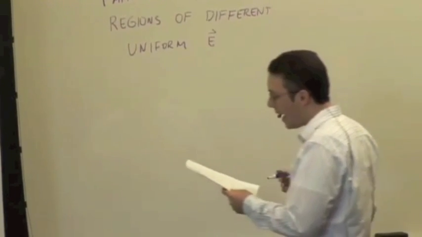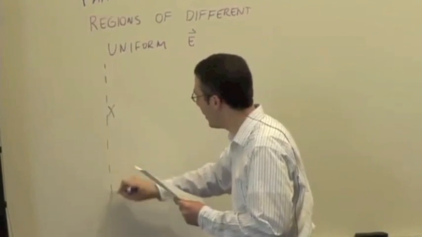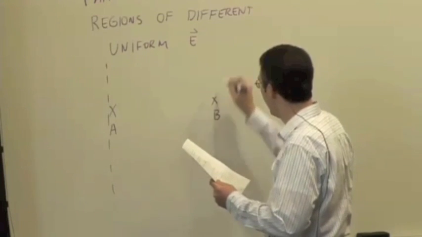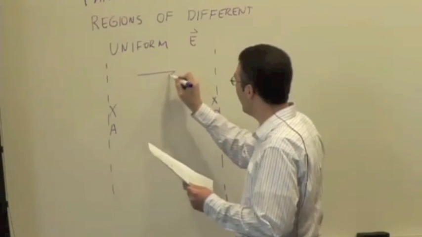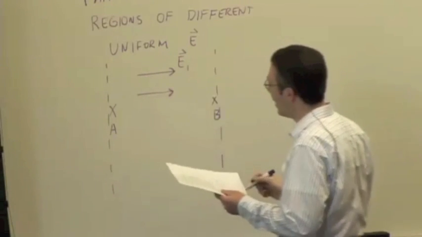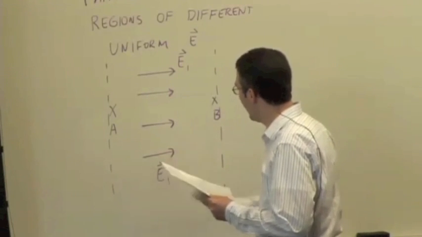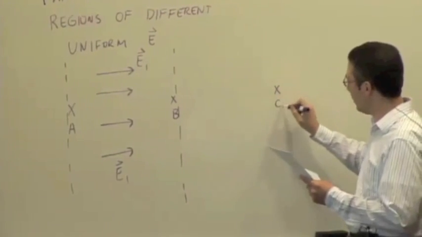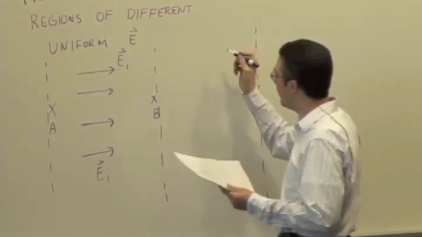So, for example, if I have some part of the path, let's say in this region, there's point A and there's point B, and along A to B, let's say I know the electric field is pointing in this direction, call it E1, and it's uniform throughout this entire region. And then from B to C, which is here, let's say I have a different electric field.